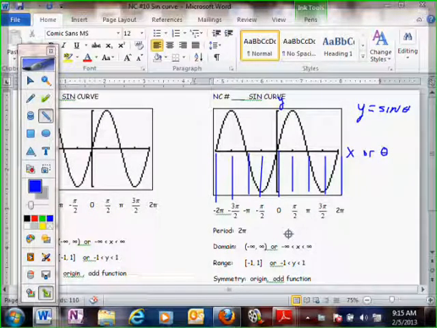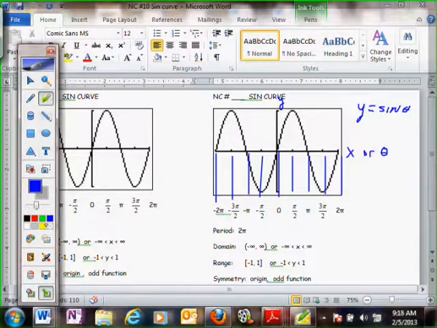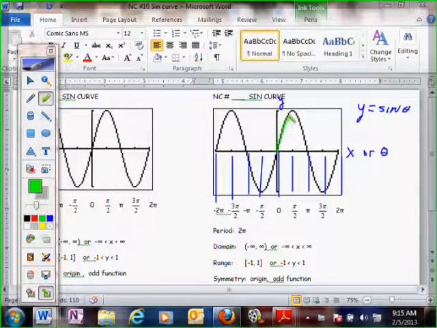Okay. We talked about periods and amplitude yesterday in note cards 8 and 9. The period of this function is 2 pi. We've got to look at what's the piece that's repeating. The piece that's repeating is this piece from here up, back through the x-axis, and then back up.